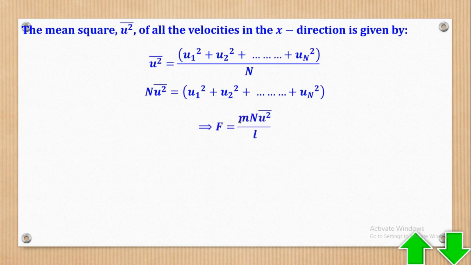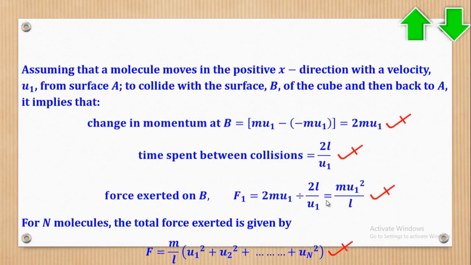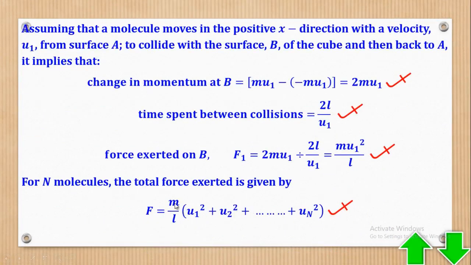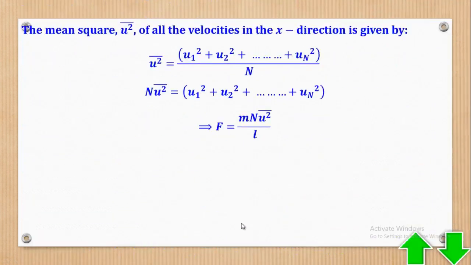Therefore, from this equation, if you remember, from here we already saw that F is equal to m over L times u1 squared plus u2 squared up to un squared. So I'm going to replace this with N u squared bar. So that gives me F equal to m N u squared bar over L.